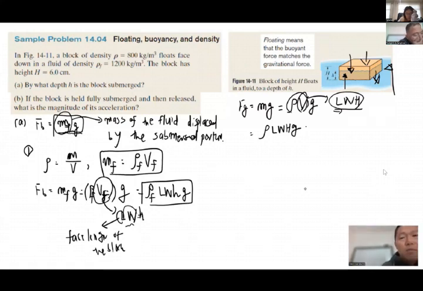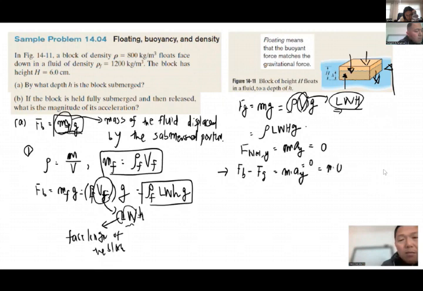So F_net,y equals 0. Plugging the two forces into Newton's second law, the buoyant force minus gravity F_g equals m times a_y, and a_y equals 0, so m times 0 is 0. Plugging in the buoyant and gravitational forces gives rho_f L W h g minus rho L W H g equals 0.